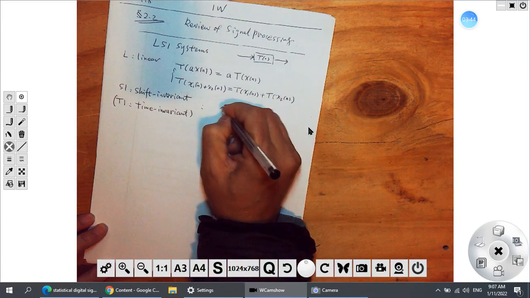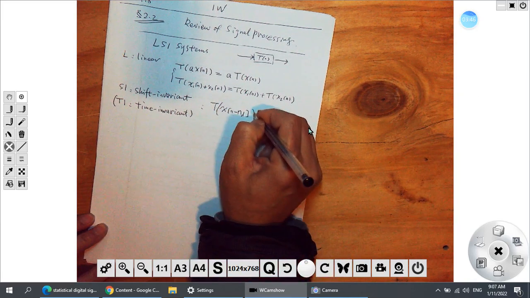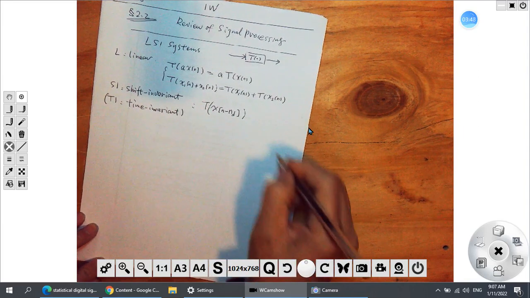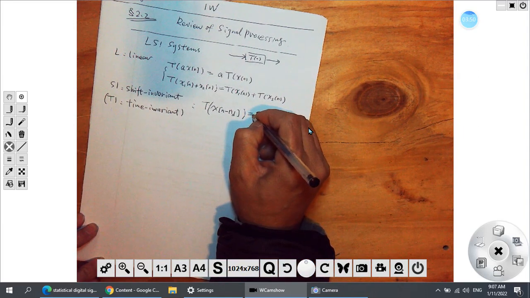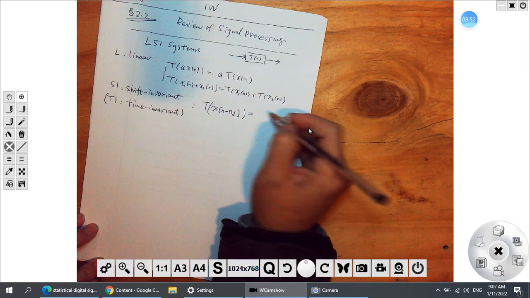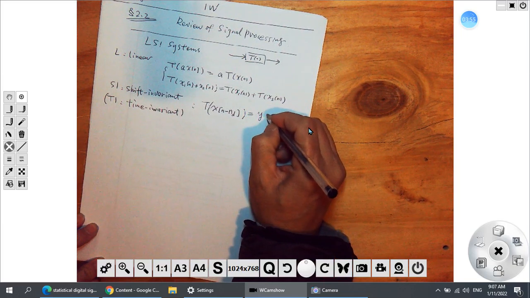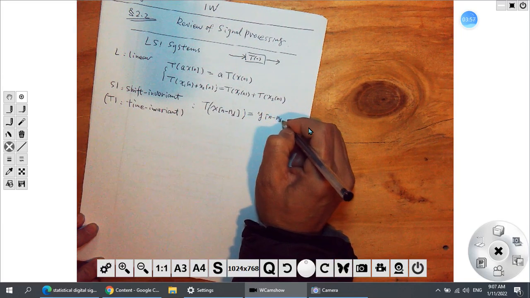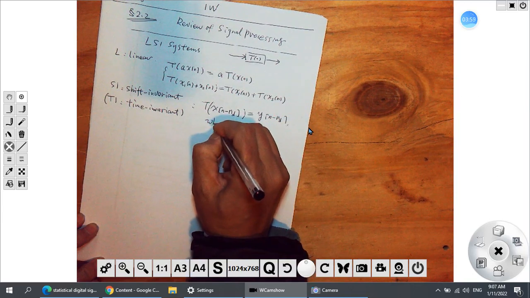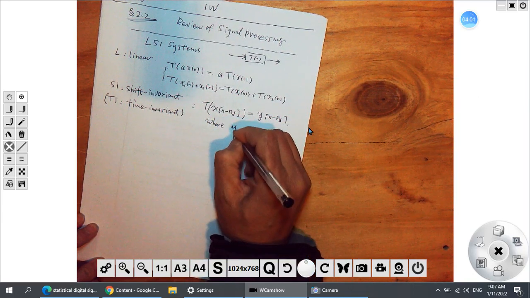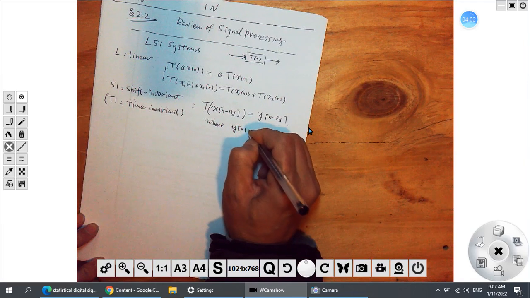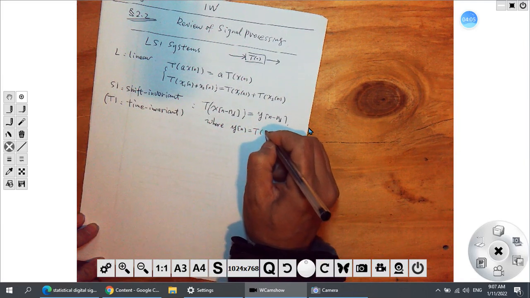You use this as input to the system, and it will equal y[n minus n_d], where y is the output of the system when the input is x.